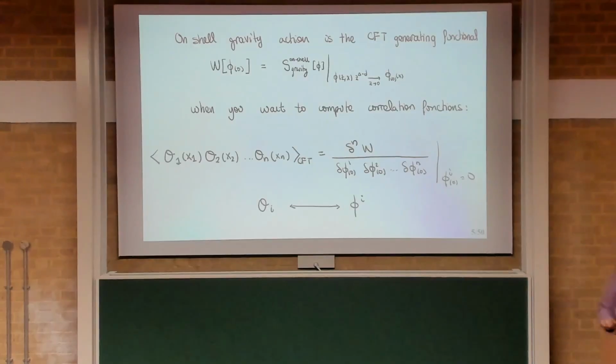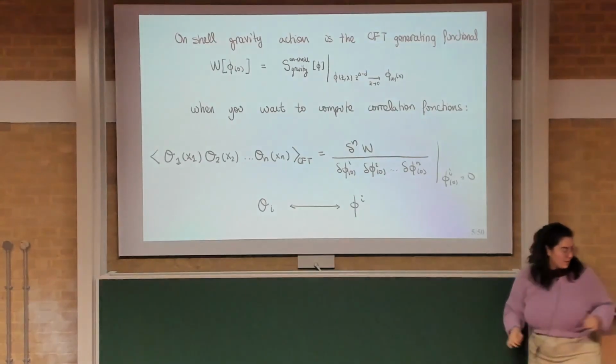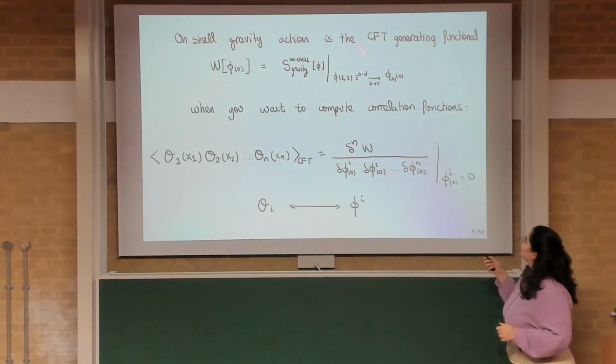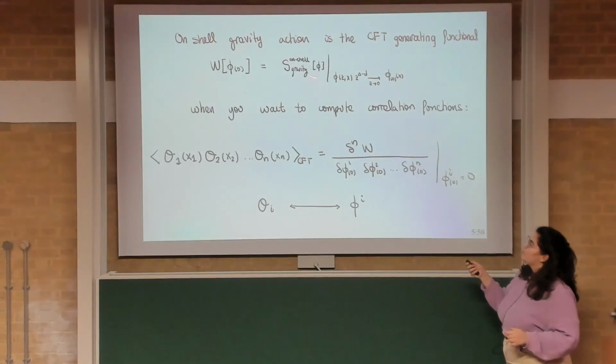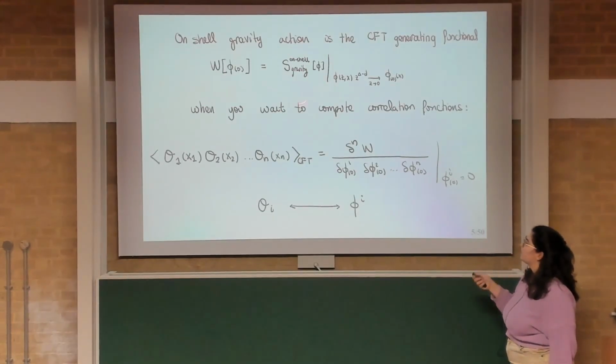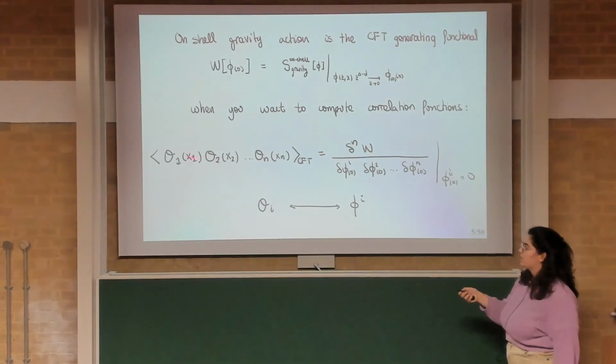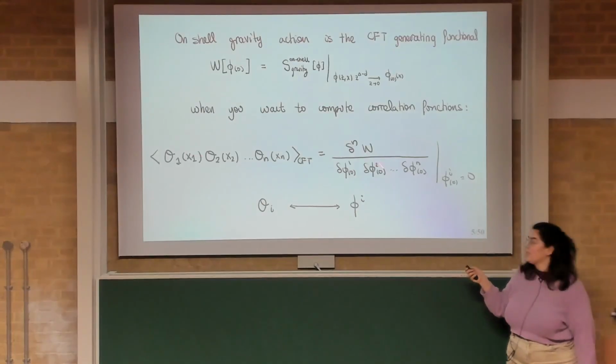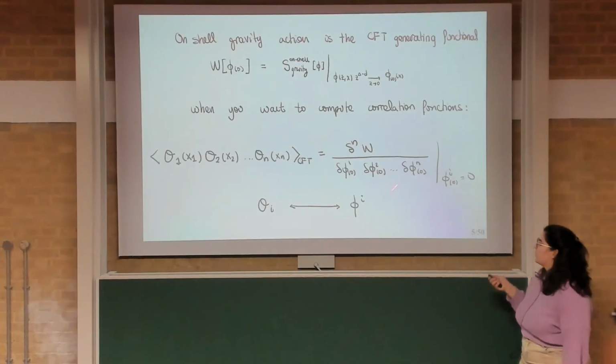In these papers, they understood exactly what the correct boundary conditions for the fields in AdS are, such that when you evaluate the gravity action on the solution to the equations of motion with this boundary condition, you can compute correlation functions. You compute the correlation functions of local operators by taking derivatives with respect to these sources.